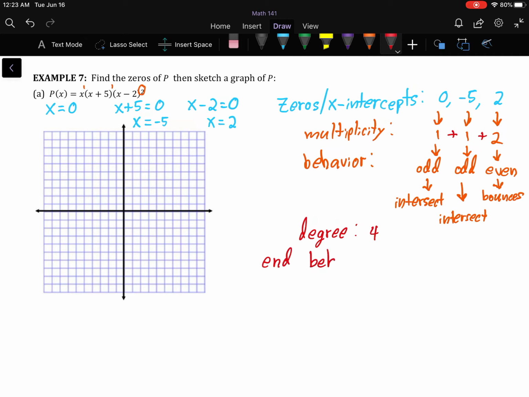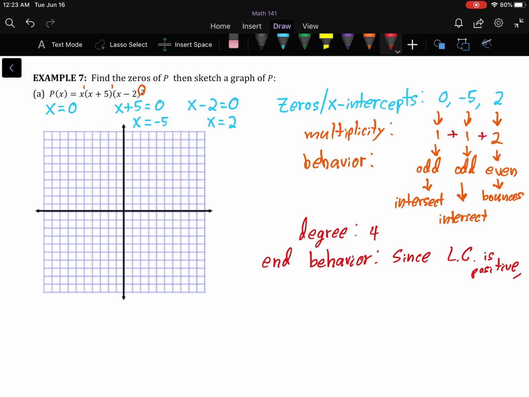Then we can see what the end behavior is based on our leading coefficient. And we see that since the leading coefficient is positive, the graph ends up going upwards.